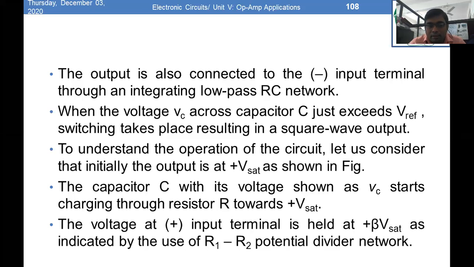This is the initial condition: the capacitor starts charging. The voltage at the non-inverting or positive terminal is held at plus beta Vsat, using the R1 and R2 potential divider network.